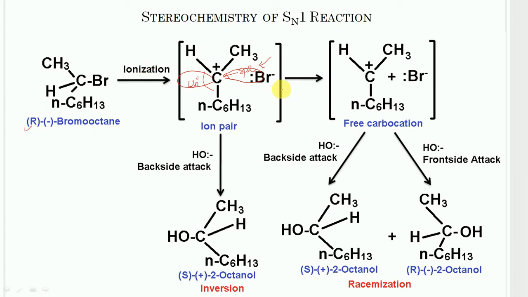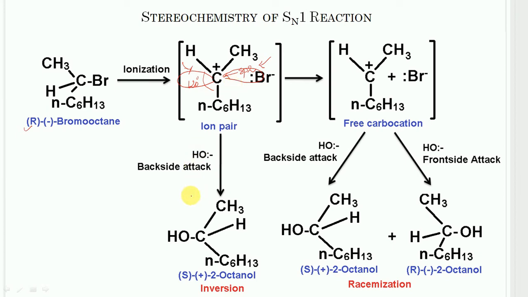If it occurs from the front side, then the product is formed with retention of configuration. However, if the attack of the nucleophile occurs from the back side, the product is formed with inversion of the configuration. This implies that an SN1 reaction on an optically active halide should give a racemic mixture.